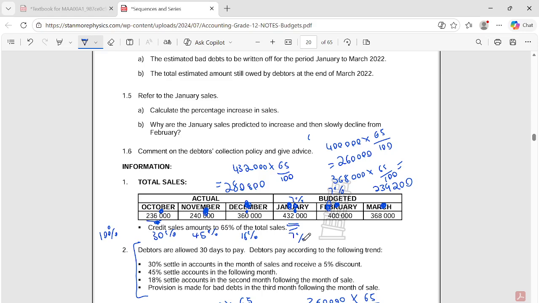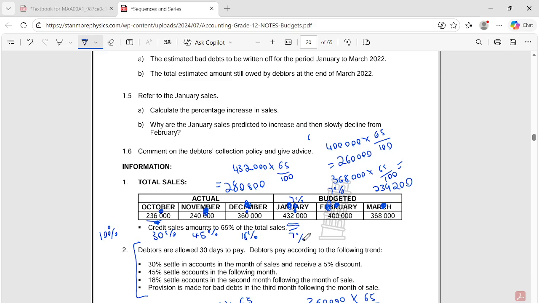And in this case, we must comment on the debtors collection period and give them advice, right? So we can say that 75% of our debtors really do pay in the month of sale. Only 75% of our debtors pay in the month of sales, right? And then another response is that 18% of the debtors settle the account after 60 days, and 7% in 90 days, right?